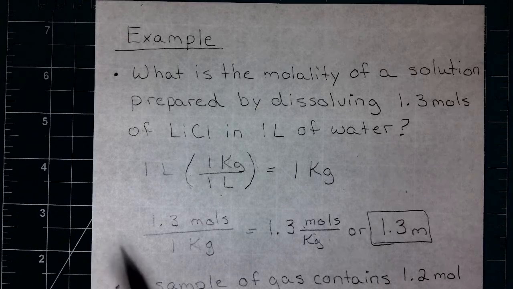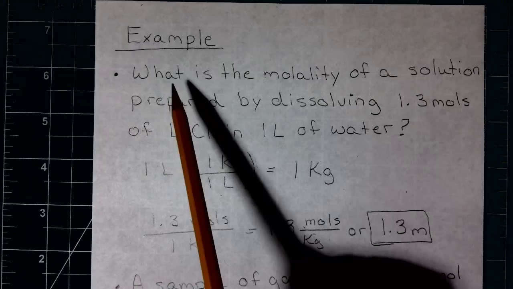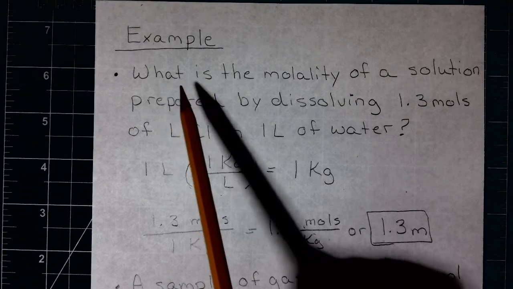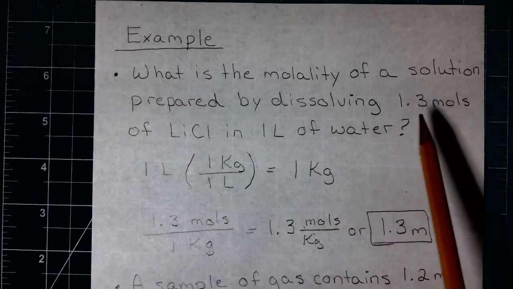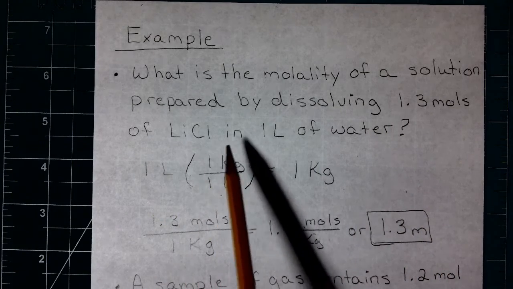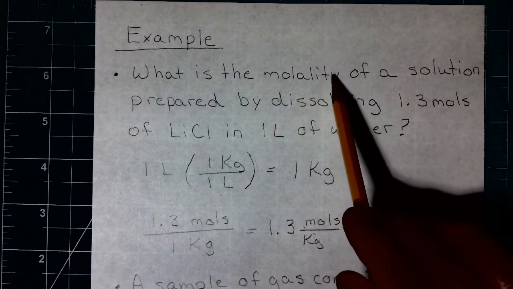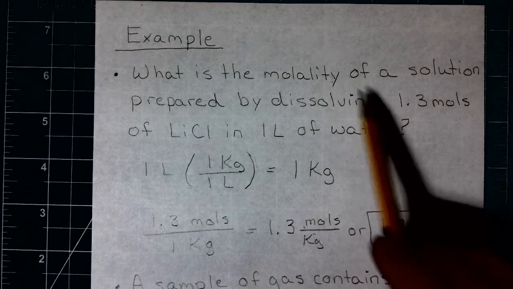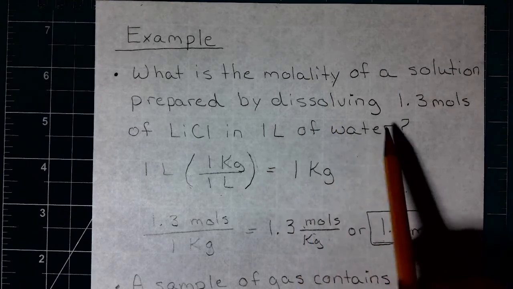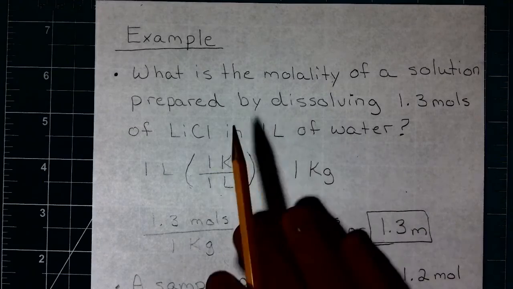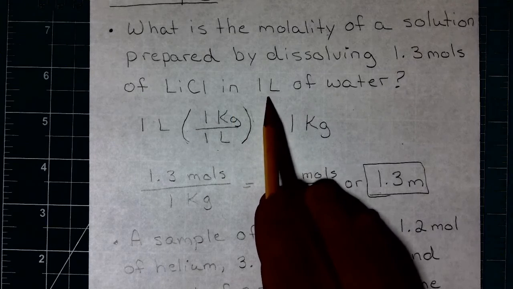Let's take a look at an example of molality and an example for mole fraction. In this first question, it says, what is the molality of a solution prepared by dissolving 1.3 moles of lithium chloride in 1 liter of water? So molality is going to be the number of moles that we have divided by the amount of solvent we have in kilograms. So the first thing we need to do is convert this 1 liter volume to kilograms.